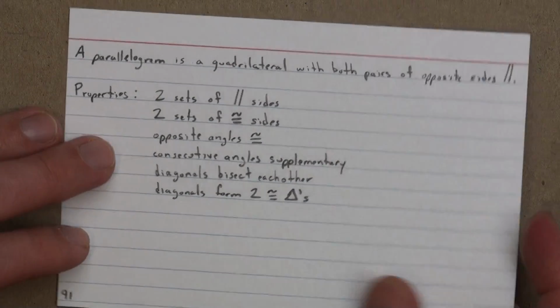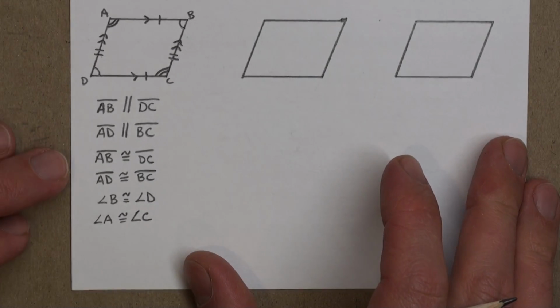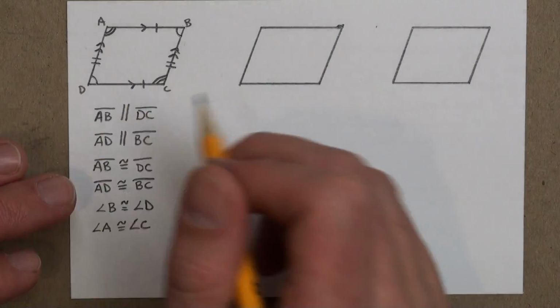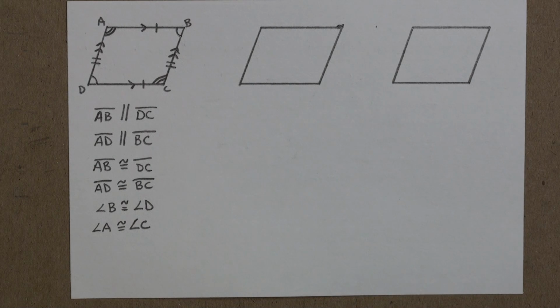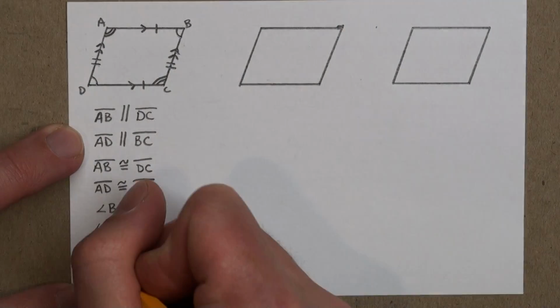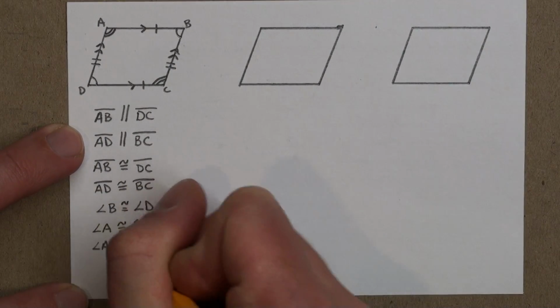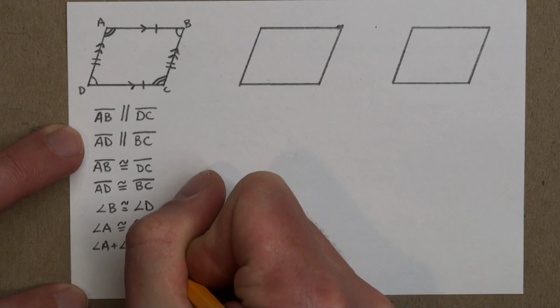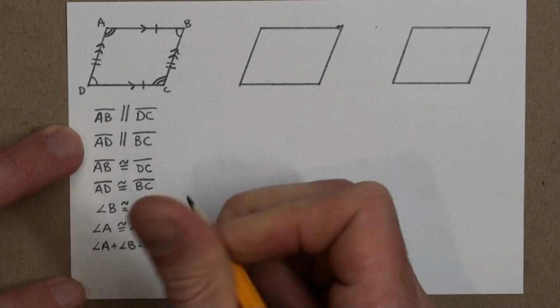And we can also talk about how consecutive angles are supplementary. So that means any 2 of the angles that are next to each other, if you add them up, they add up to 180. So let's try to cover all of these. Angle A plus angle B equals 180 degrees.